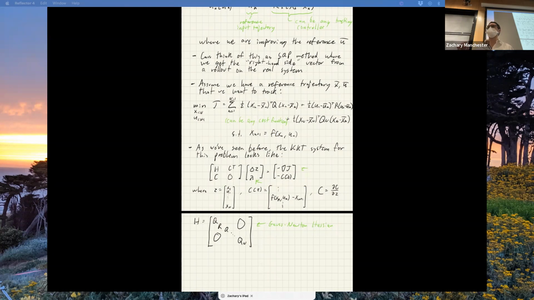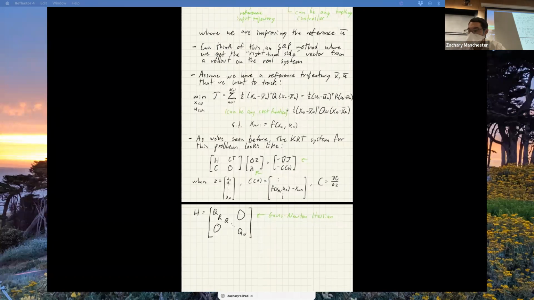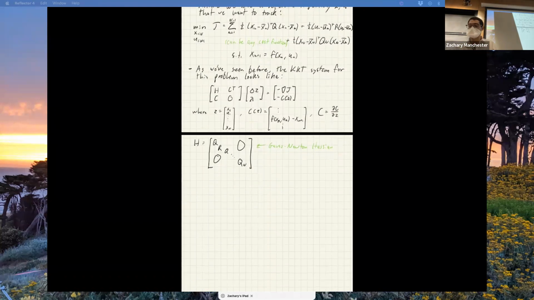Because it's linear in lambda, I can just write it like this. And then the nominal Lagrange multiplier term that shows up in the right-hand side vector I don't need anymore, because it's all sitting there. This is standard. You can do this in SQP methods in general. We haven't done it this way before for a very specific reason.